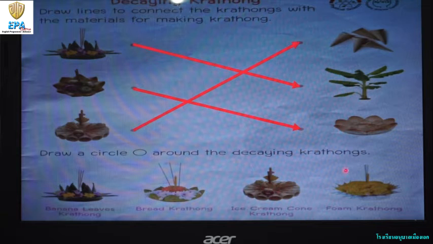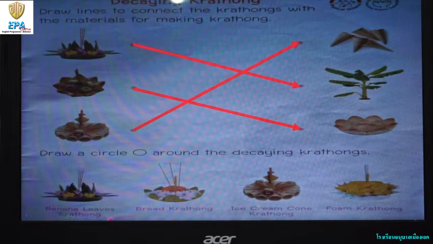around the decaying kratoms. Remember, when we say decaying kratoms, these are the kratoms that can decompose or can be rotten. So which of these are the kratoms that can decompose or can get rotten?